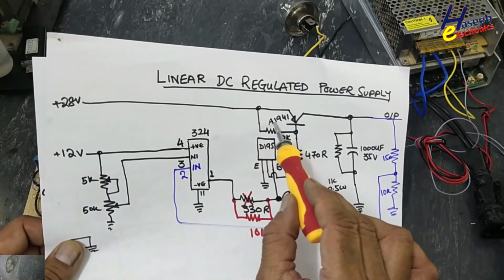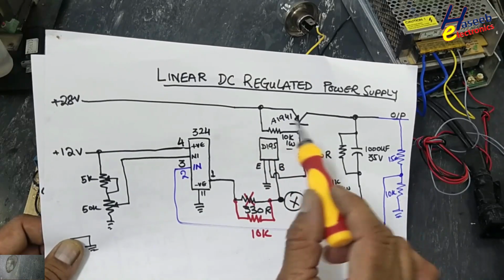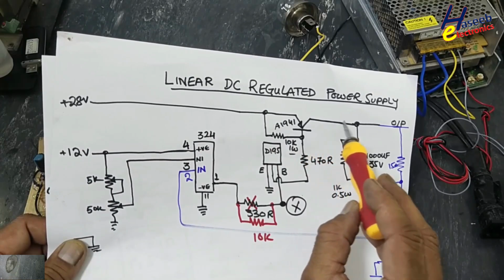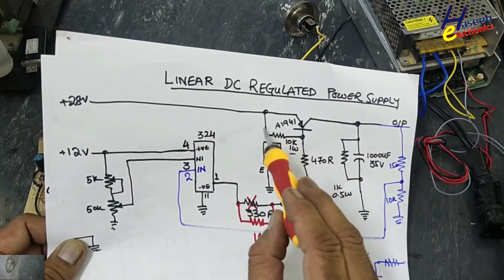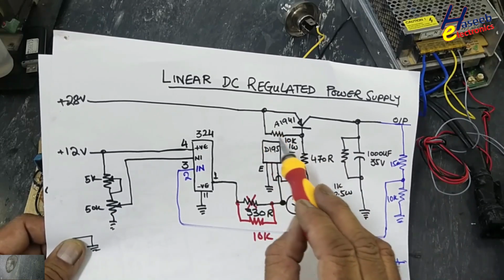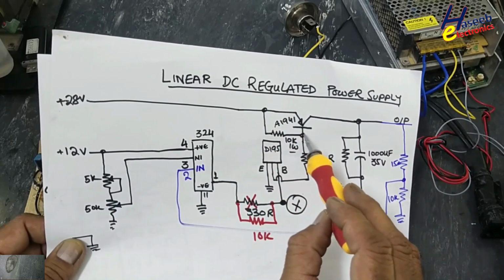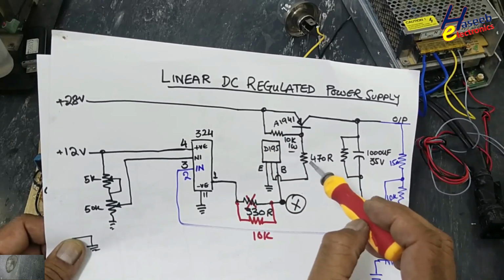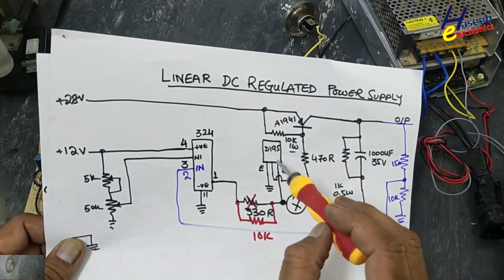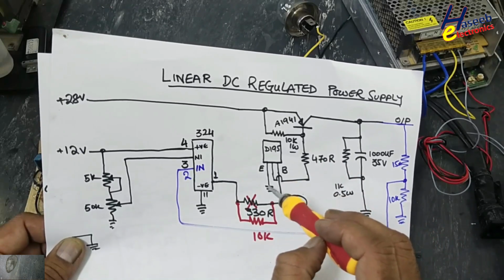We connected this A1941 transistor, 28 volt, to the emitter, output from collector, one 10k 1 watt resistor, emitter to base. Base is connected to a 470 ohm resistor that is connected to collector. Emitter is grounded.